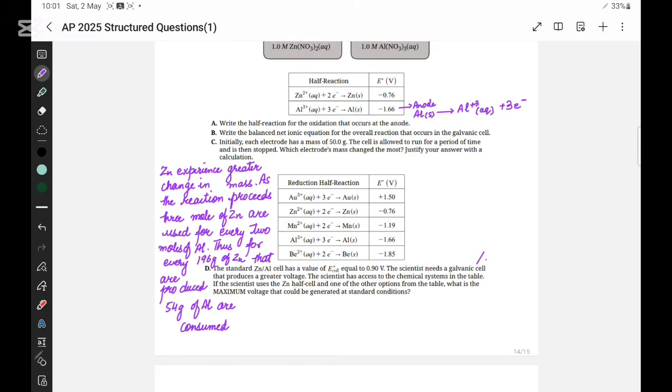The scientist has access to chemical systems in the table. If the system uses a zinc half cell, what is the maximum voltage that could be generated if we use another option from the table? So zinc is negative here, and we need to produce the maximum voltage. So this is going to be anode, and for cathode we need a value which is going to be most positive, and that is going to be plus 1.50.